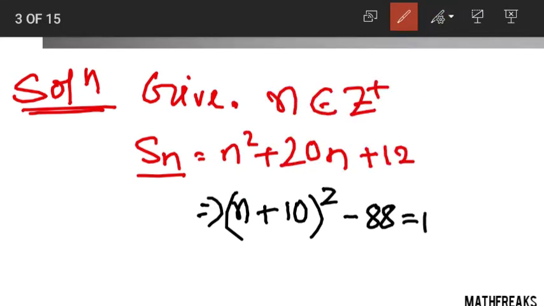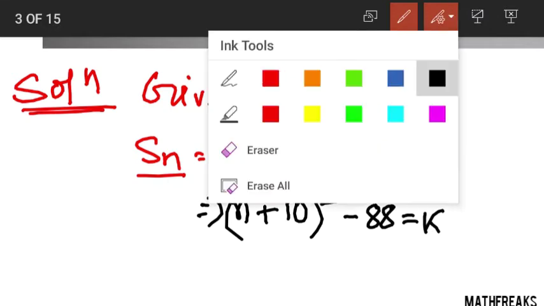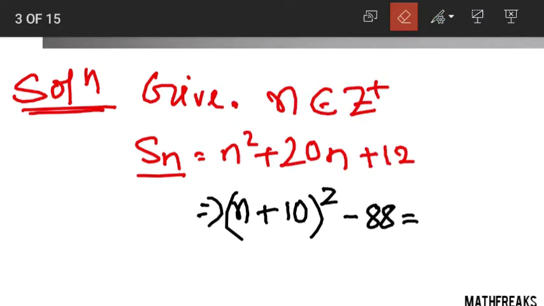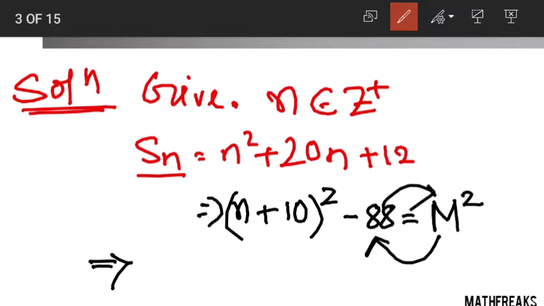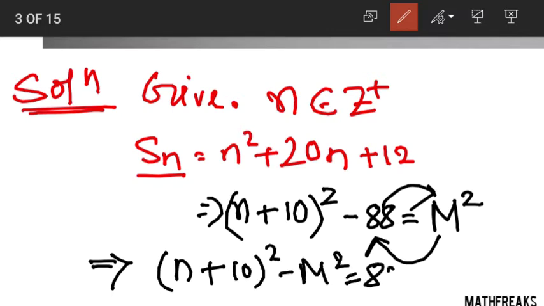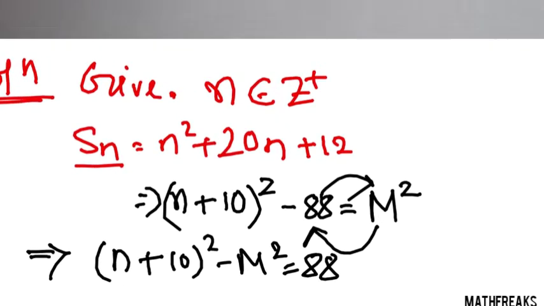So let the integer be some k, or say m, because we are on Math Freaks. So let's say this is m, so m square, right? Now you just take m squared to the left and 88 to the right, so this would be (n plus 10) whole squared minus m squared is equal to 88, correct?